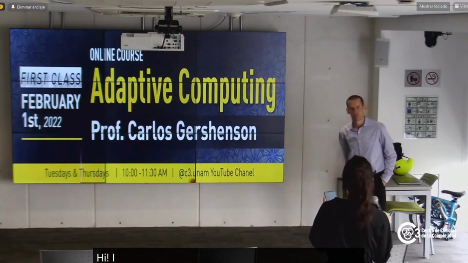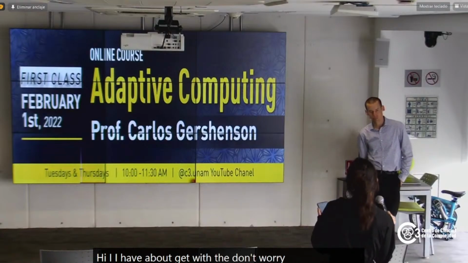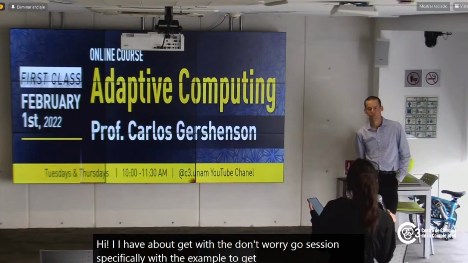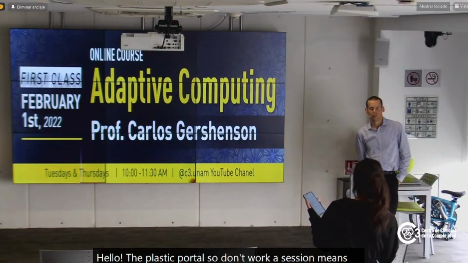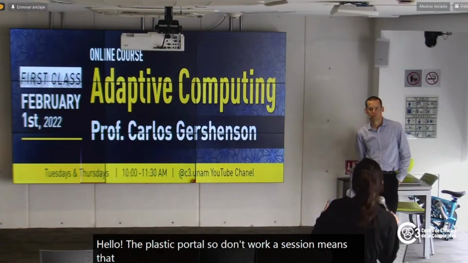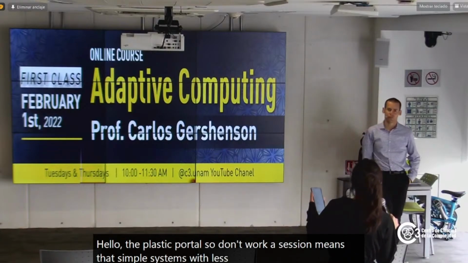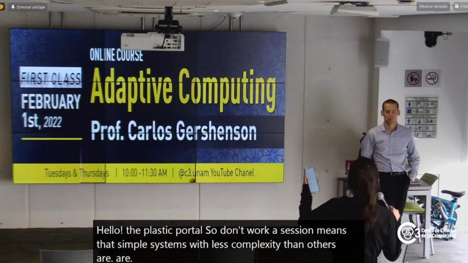I have doubts yet with the downward causation, and specifically with the example you gave about the plastic bottle. So downward causation means that simple systems with less complexity than others are dependent.